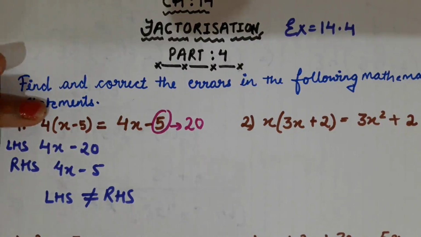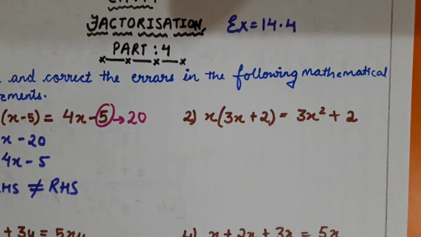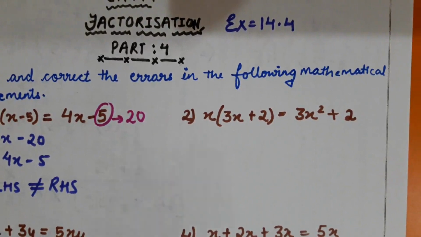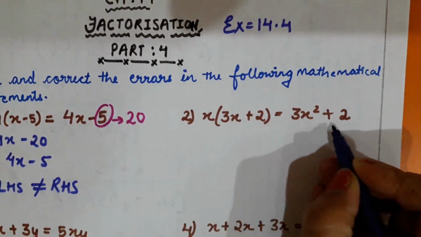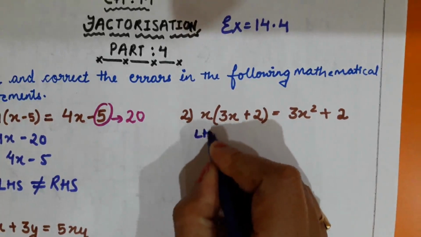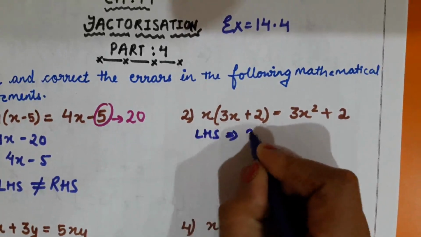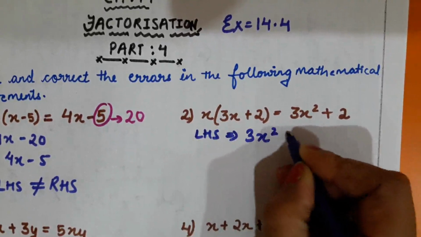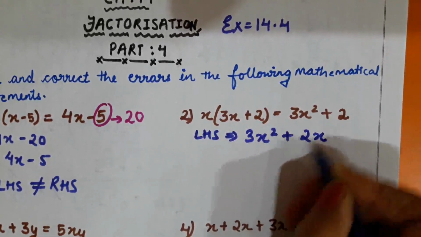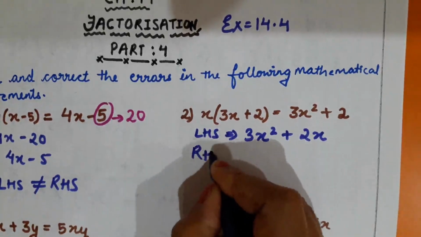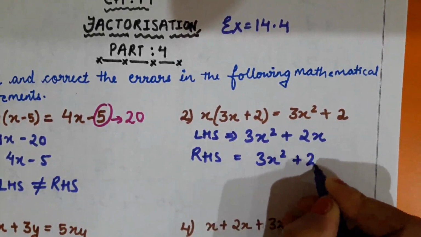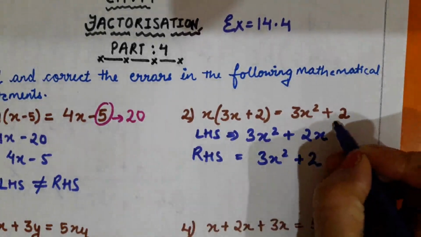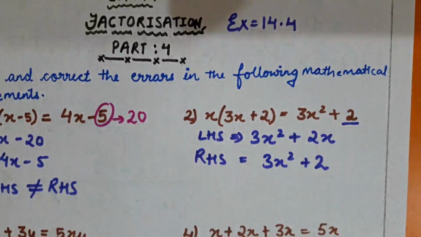Okay, so next, part 2 of this particular question. Again we are having this left hand side and this right hand side. So let's open the left hand side. It gives you 3x square plus 2x. In the right hand side we are having 3x square plus 2. So in the right hand side x is missing.